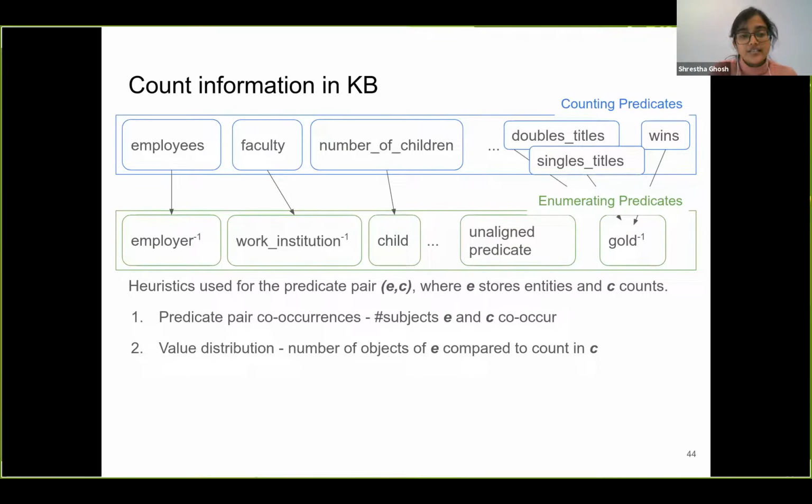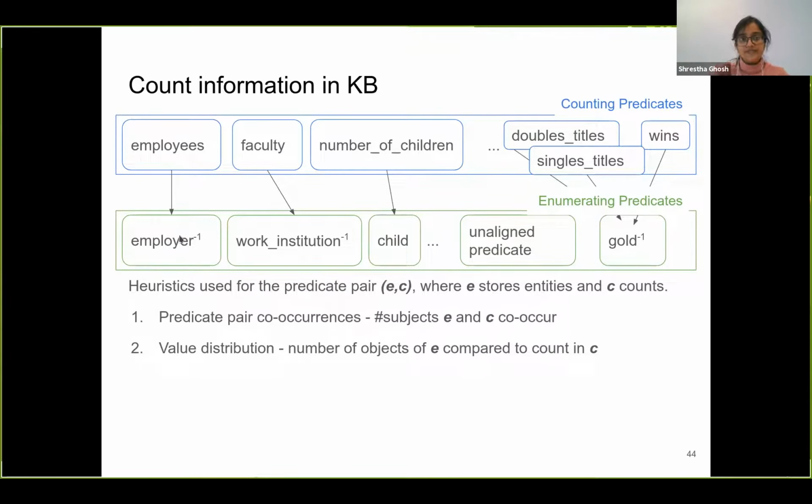So the second heuristic is to also look at the value distribution. That is to look at the counts stored by the counting predicates and the number of entities that the enumerating predicates store. Again, this would not always work because of incompleteness and for large classes.